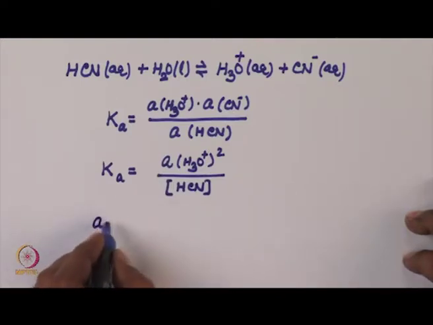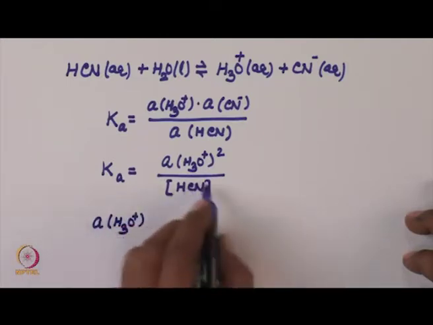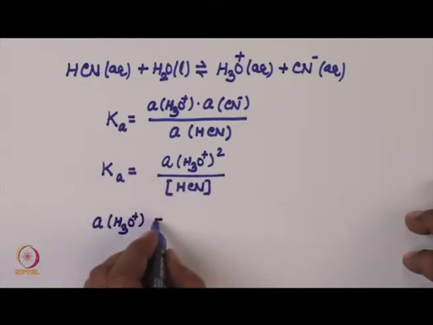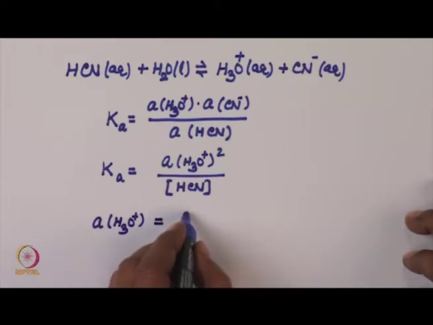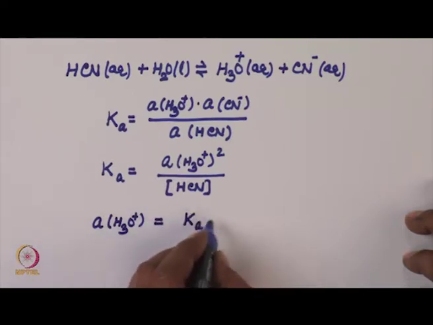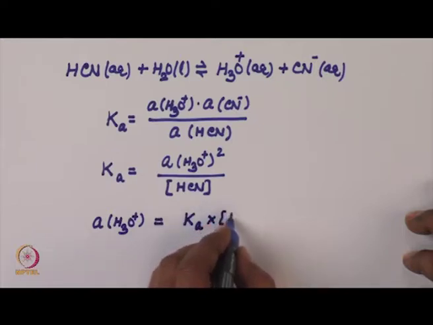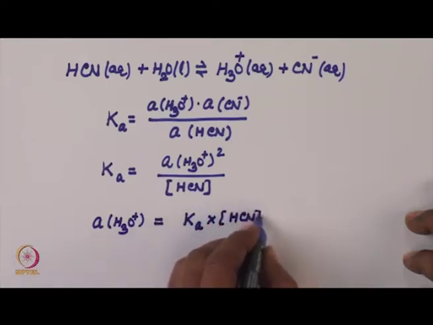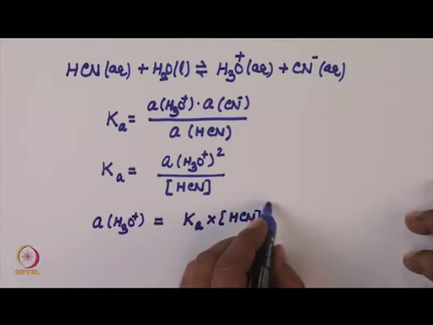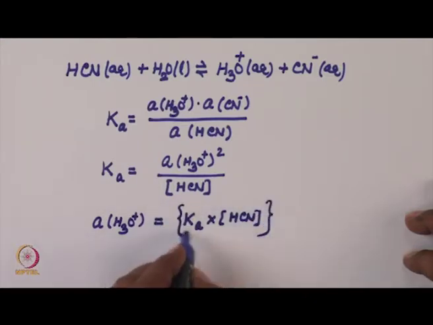So, the activity of H3O plus, if I rearrange this, is going to be Ka into concentration of HCN, whole raised to the power 1/2.